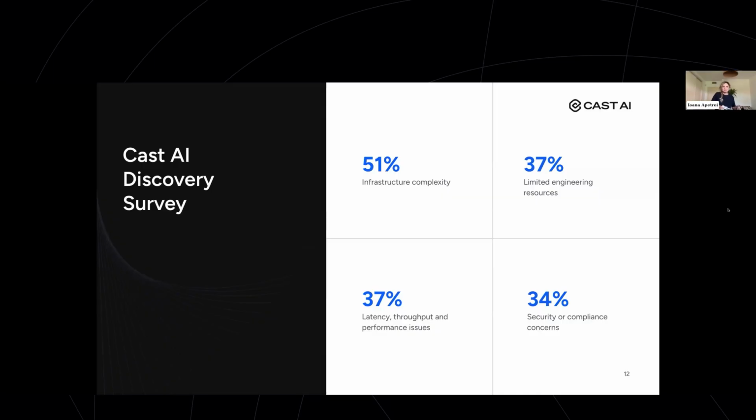So data tells us that infrastructure complexity is one of the biggest challenges that customers, teams that are hosting or experimenting with hosting their own models are struggling with. And it's not a surprise, right? Let's say you start out with using SaaS endpoints, and then you start getting a lot of usage, or you start getting pushback on data privacy related issues.